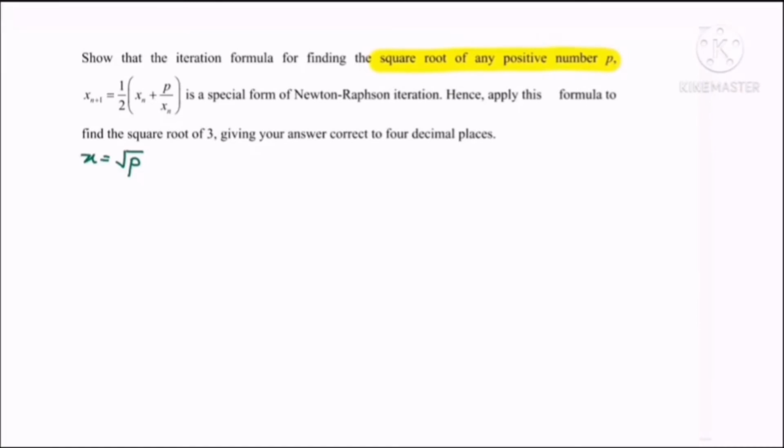Okay, so in here, that's why I write down x equals to square root of p. So do remember, we are going to find the fx. So where we have to square both sides for this situation, and we will have x squared minus p after we square both sides.